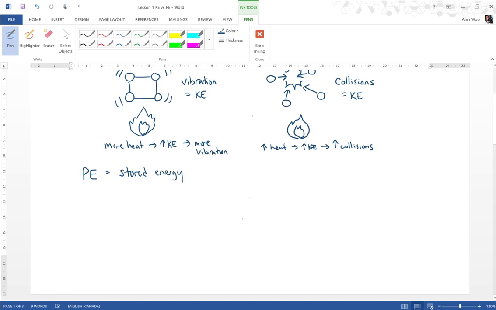Okay, this stored energy, we tend to think of it as energy that could be used in chemical or physical changes.